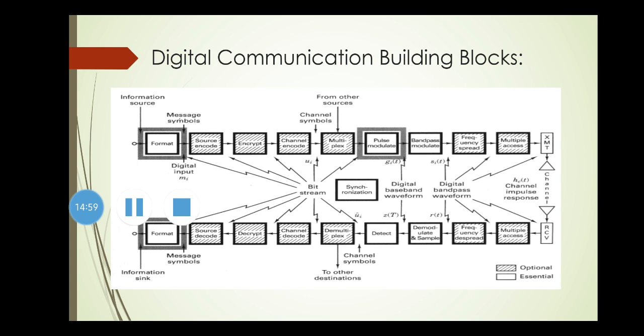On the same lines, we have the receiver part. The receiver is going to receive the signal which has been transmitted by the transmission antenna, and once it receives the information, it sends it back to the multiple access block, then the signal gets frequency despread in order to extract the original information, demodulated, and then the channel decoder will decode the signal and decrypt the signal which was encrypted earlier in our transmitter section.